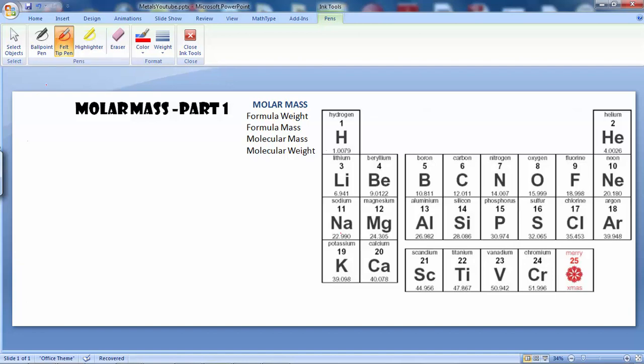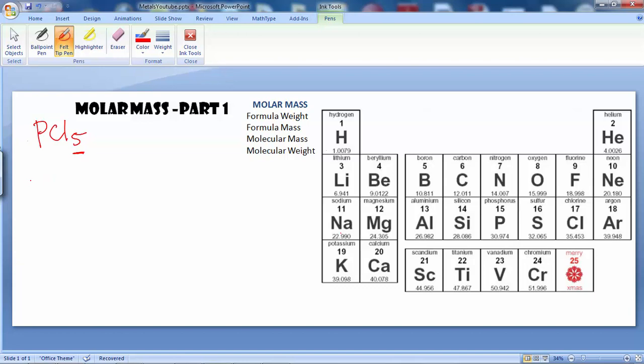So let's take this problem. Let's take PCl5. And we just finished naming this compound, which is molecular, and it's phosphorus pentachloride, as you remember.